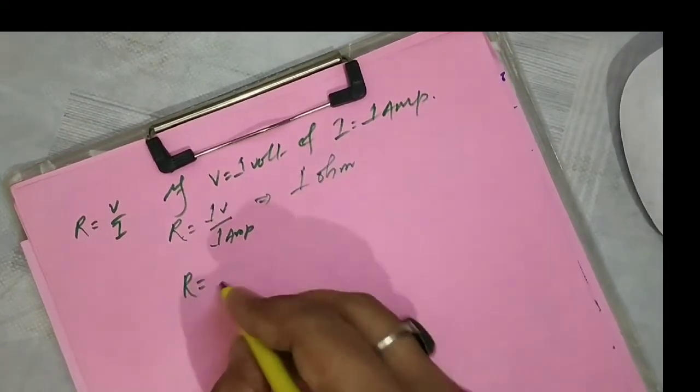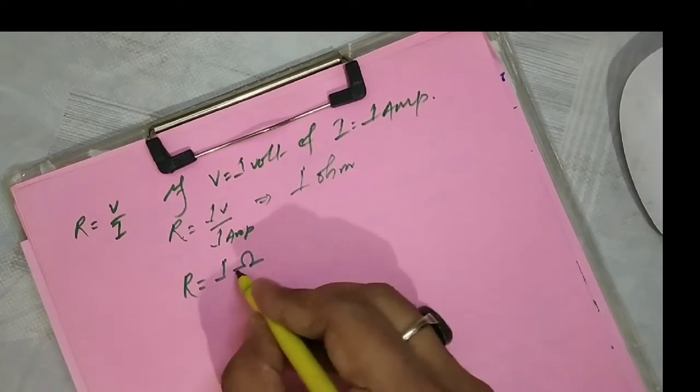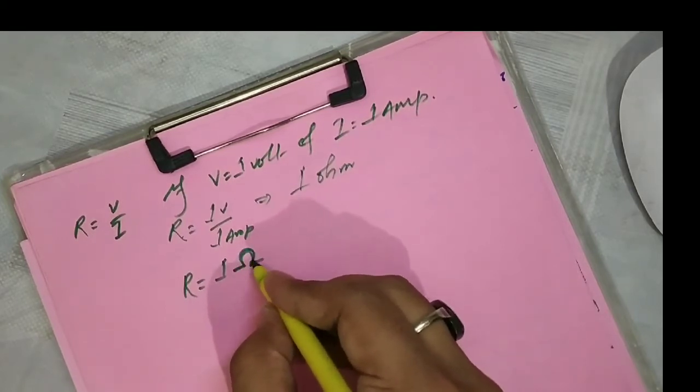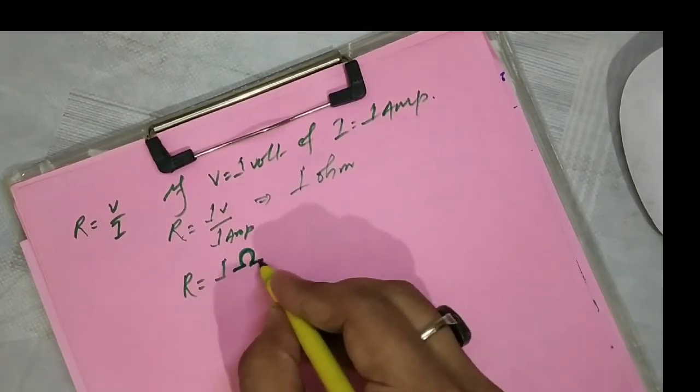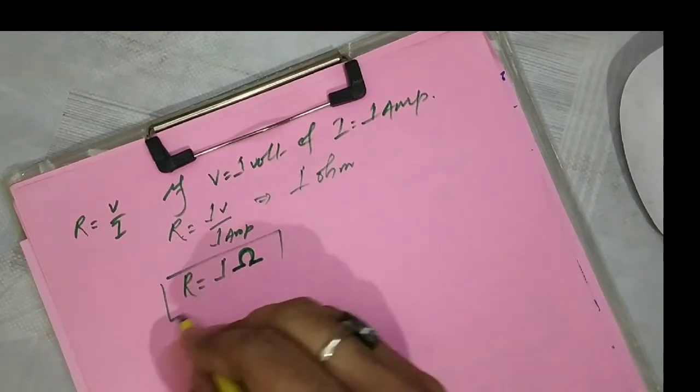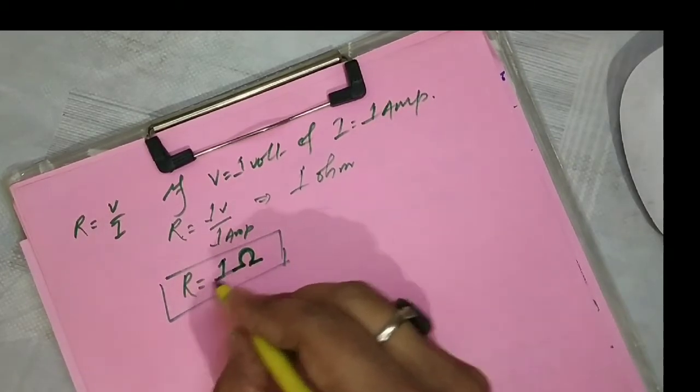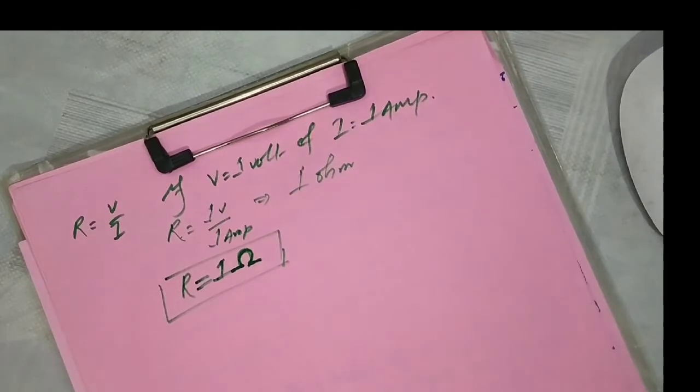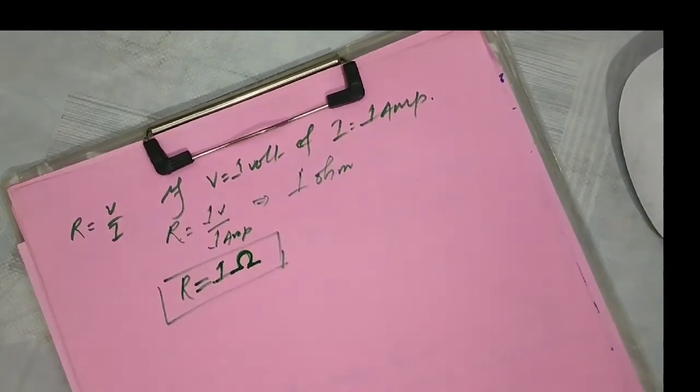So the unit of resistance is 1 ohm. This is the symbol of ohm. The SI unit of resistance is ohm.